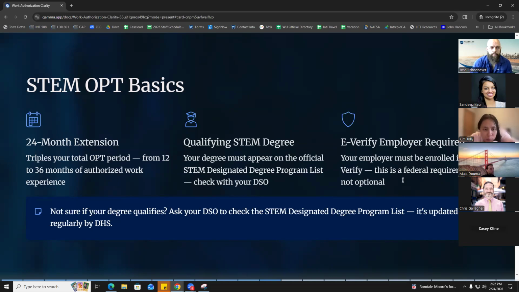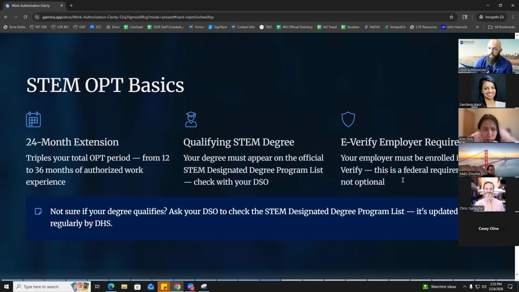So just check with your employer while you're on your OPT if they use E-Verify. And if they don't, you can still take the job, get some experience, stop the unemployment clock on your OPT, but also be applying for other positions so that you can get that job prior to applying for STEM OPT, because that's a big distinction too.